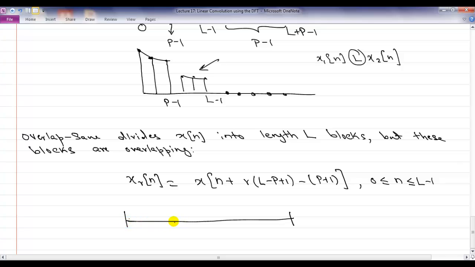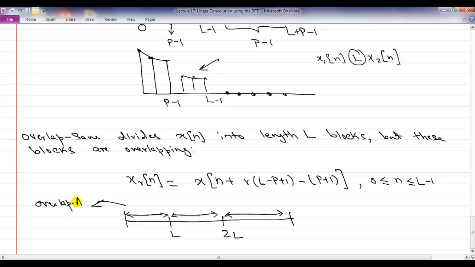Previously, you were dividing your sequence into blocks starting at L, 2L, 3L, and so forth. So this was your first block up to L minus 1. This was your second block up to 2L minus 1. And this was your third block. This is for overlap add.